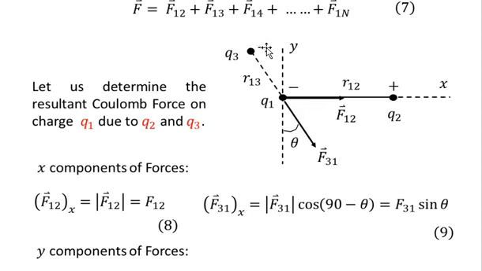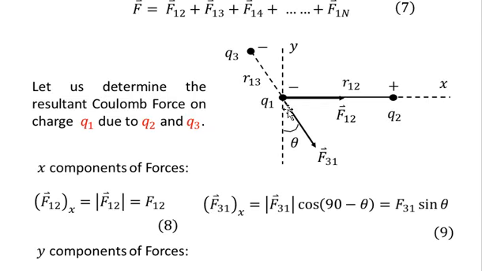Now Q3 is negatively charged, Q1 is also negatively charged. So the force that the charge Q3 will exert on Q1 will be repelling, that is, Q1 will be repelled in the direction of the line joining Q3 and Q1.